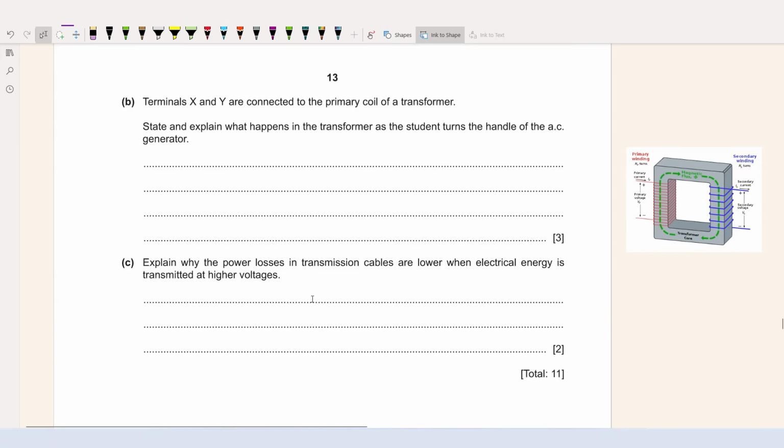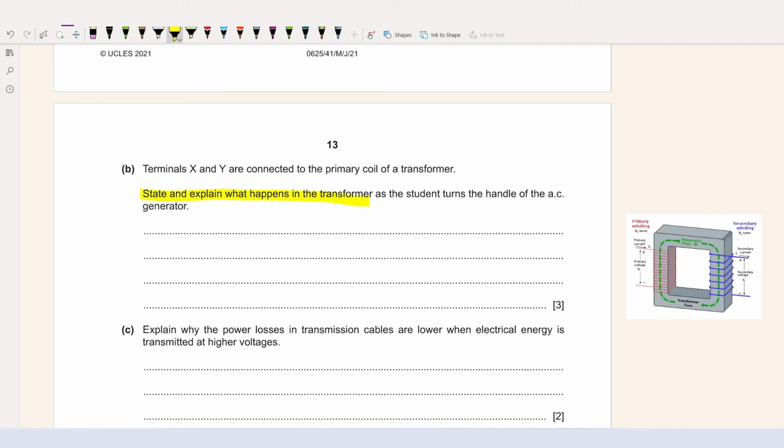Part B, terminals X and Y are connected to the primary coil of a transformer. State and explain what happens in the transformer as the student turns the handle of the AC generator. When the student turns the handle of the AC generator, there is a magnetic field line for both the coils, secondary and the primary coil.